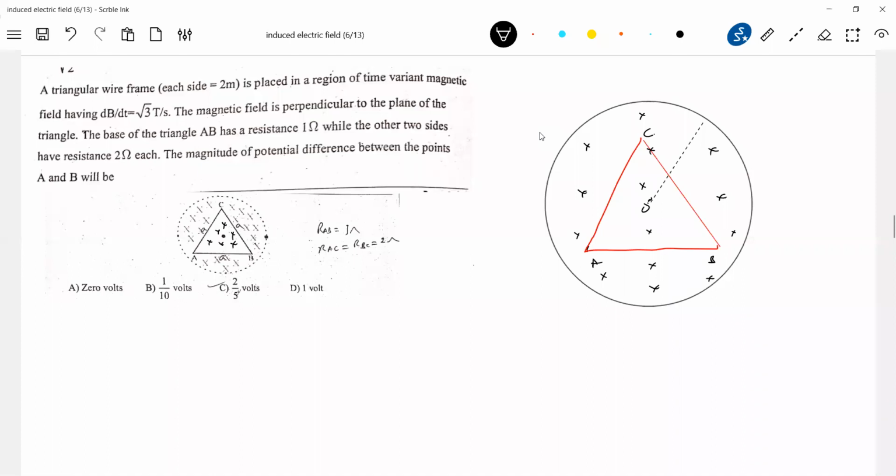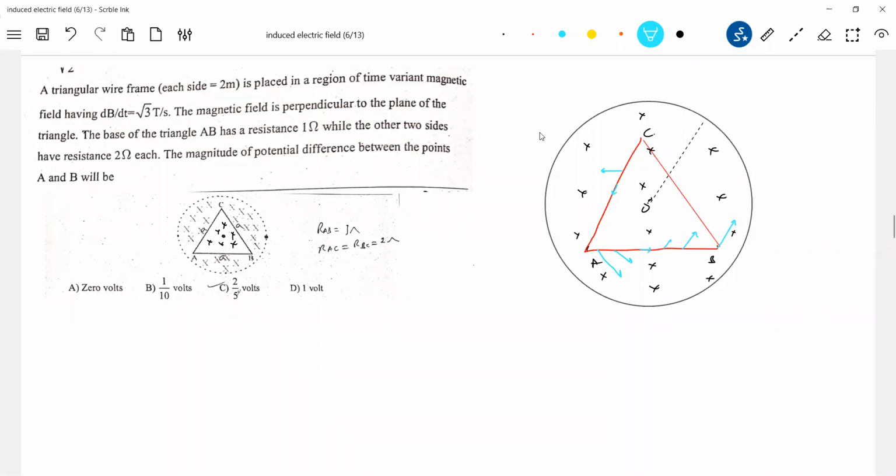Will there be EMF induced in all sides? It's definitely no. So you look at the direction of E bar. Here it will be perpendicular, it will be tangential.